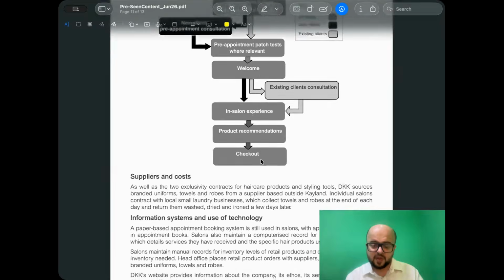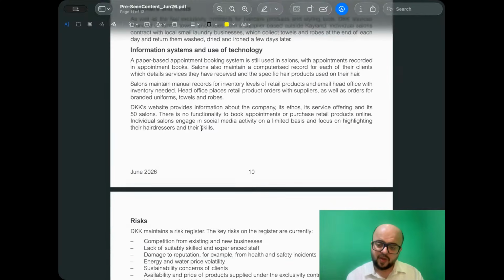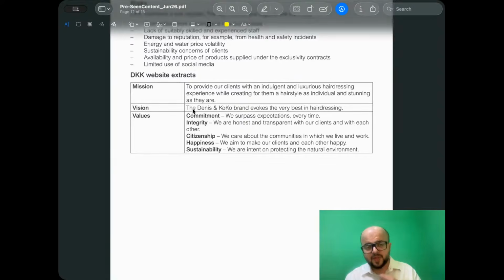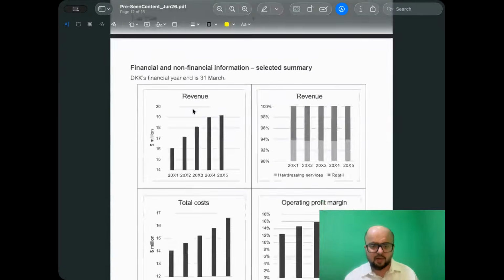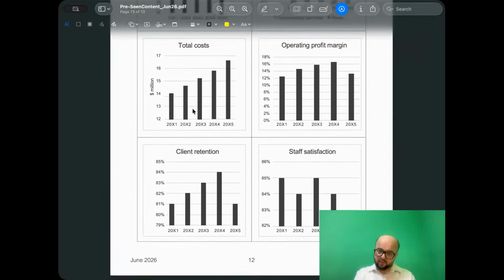Then the service process, very interesting, suppliers and costs, information systems and use of technology, risk. So we'll be looking at the risk perspective from different angles. Then website extracts are given to you, and as always, there's financial and non-financial information.